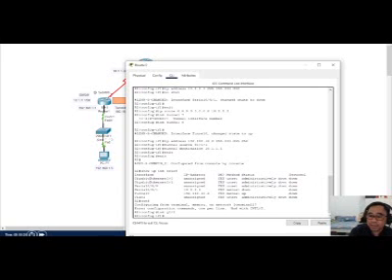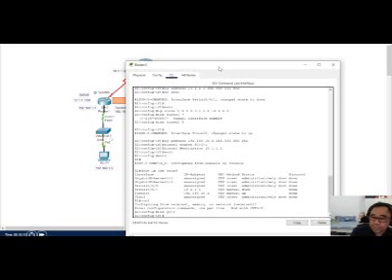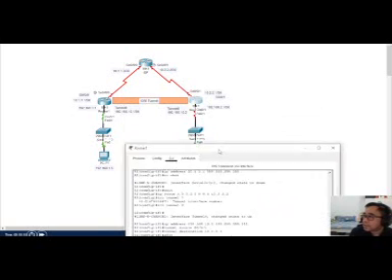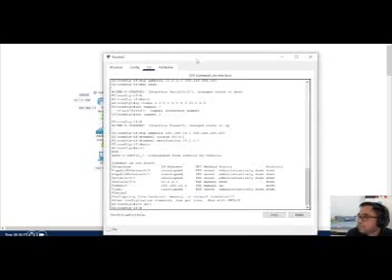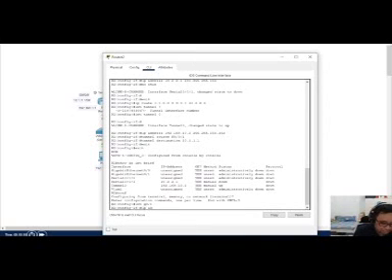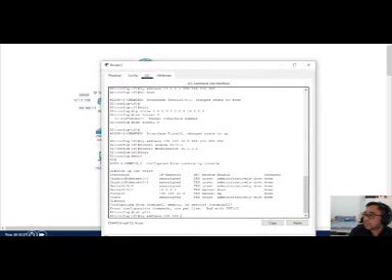What's the IP address of G0/1? 192.168.2.1, subnet 255.255.255.0.